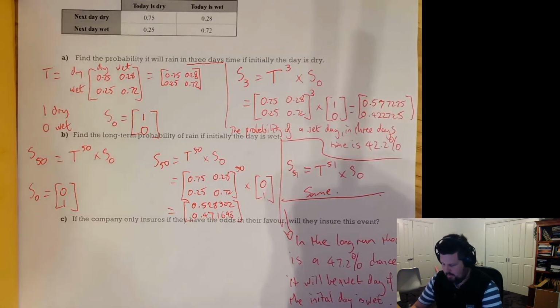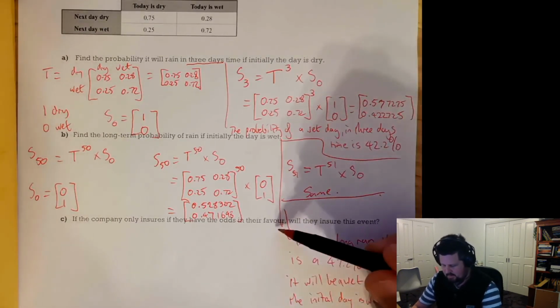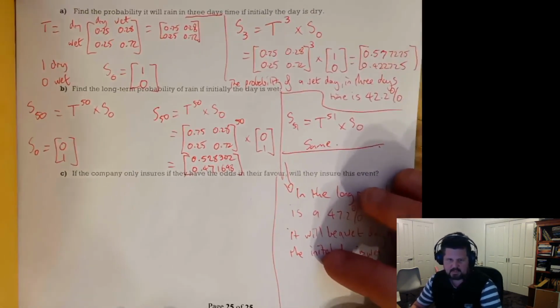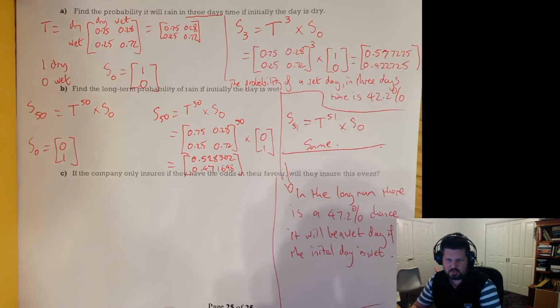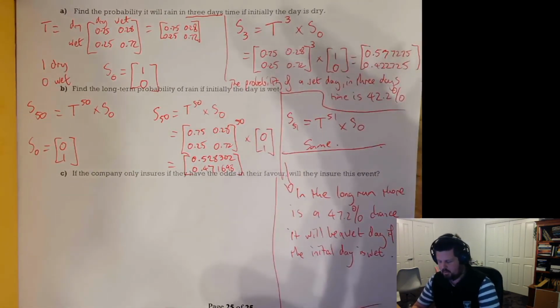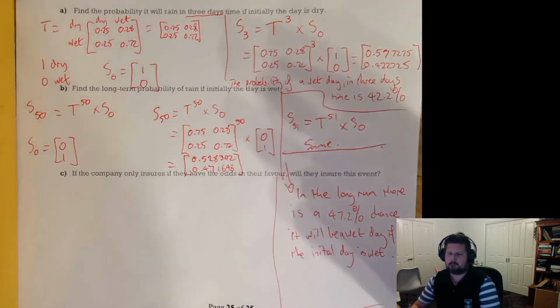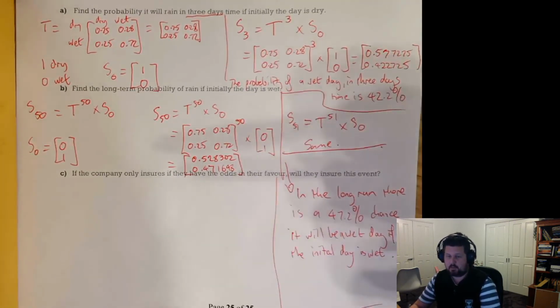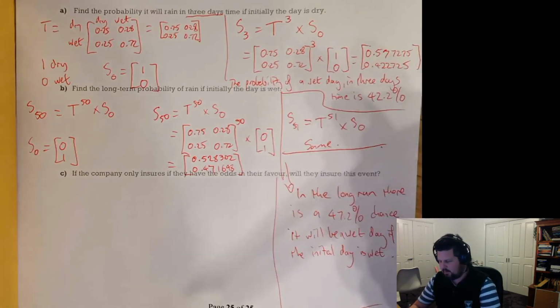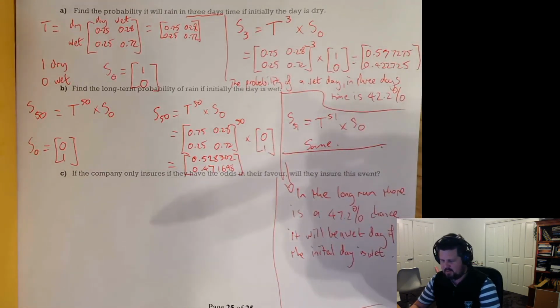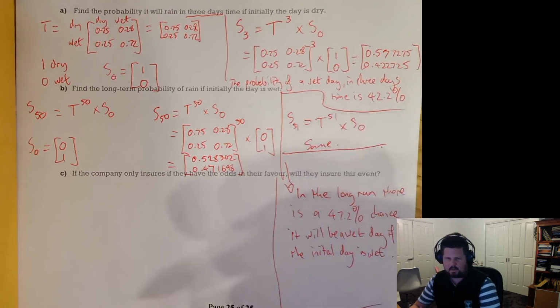Cool. All right. Last but not least, I know it's a bit hard to read, but we'll plow through. It says if the company only insures if they have the odds in their favour, will they insure this particular event? So what we need to be looking at here is the long-term probability, and really for a major event that's happening outside, they're only looking at insuring it if the chances of it going ahead are dry conditions.